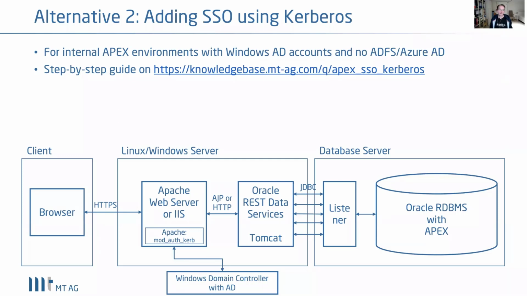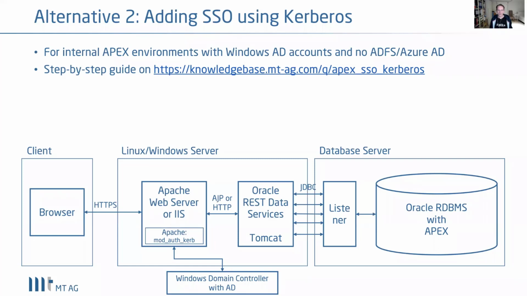I've written a very comprehensive document that has been downloaded thousands of times in the last years. It explains step by step what to do to set up Kerberos. There are two variants in there. One is with Apache Web Server, and one is with IIS.